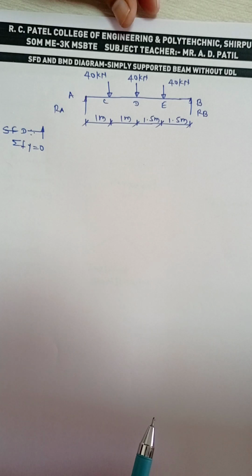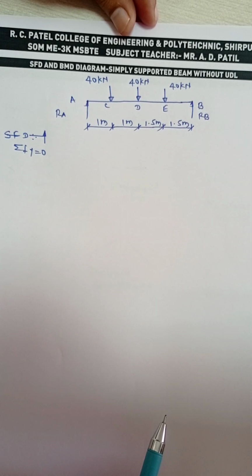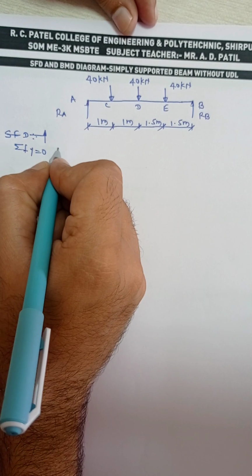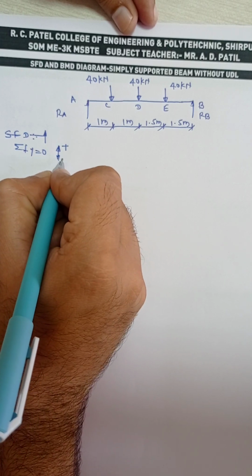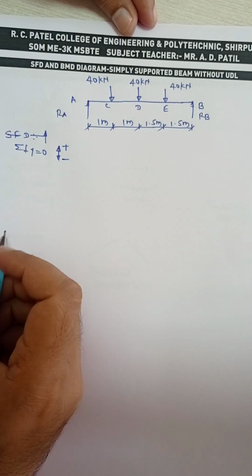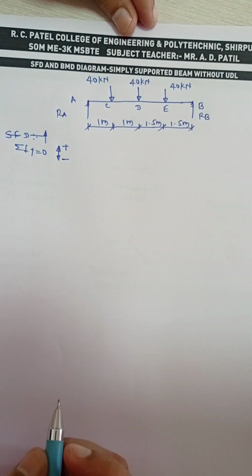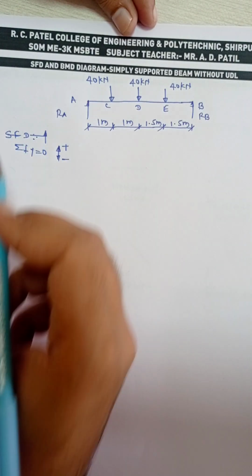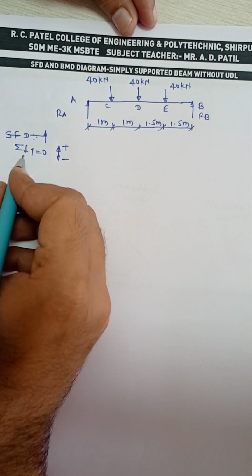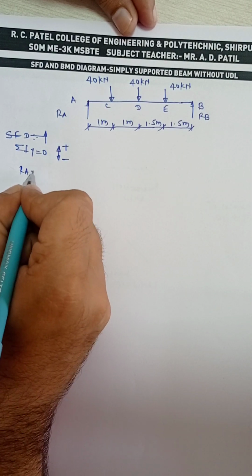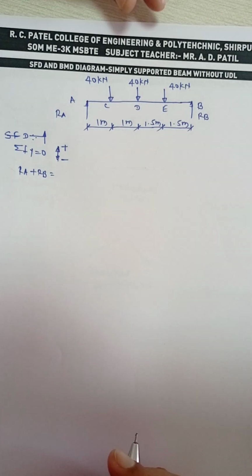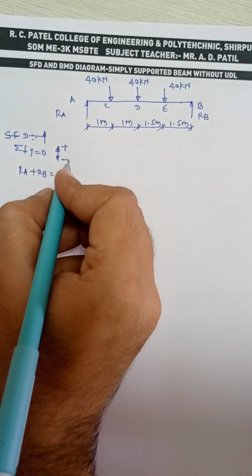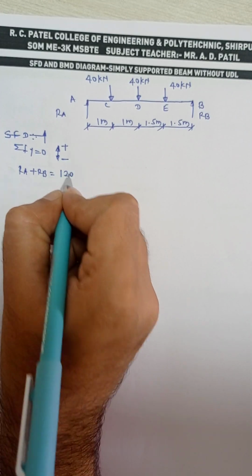So sign convention will be upward going forces are positive and downward going forces will be negative. So we can directly write down RA plus RB for upward going forces, and downward going forces 40 plus 40 plus 40, that is 120.